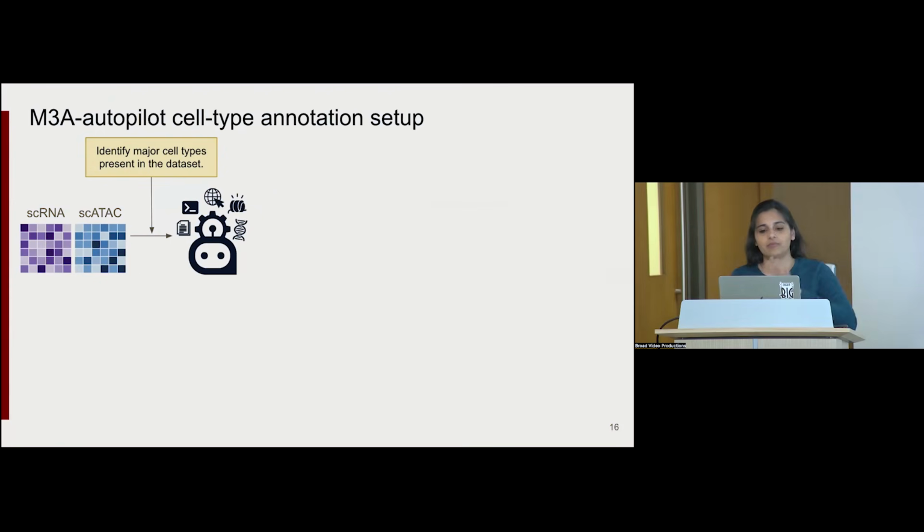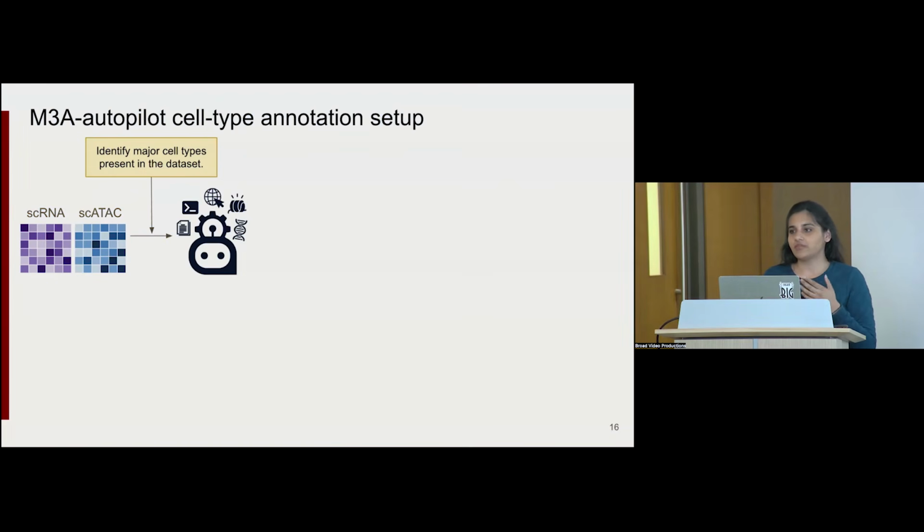So what really happens in this is the agent is provided with the single-cell RNA and single-cell ATAC matrix. It is described a task, which is: identify the major cell types present in the data set. And you will notice that the task is deliberately kept simple. We also tell the agent that there are these data objects that are present in the environment, so it knows how to look for them.